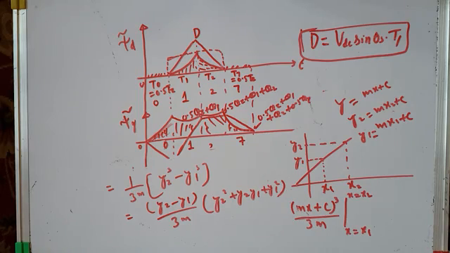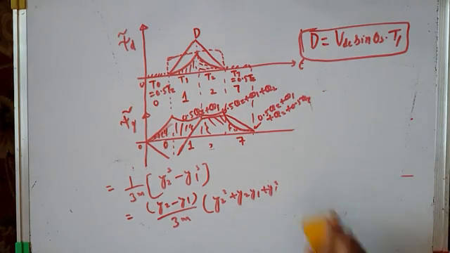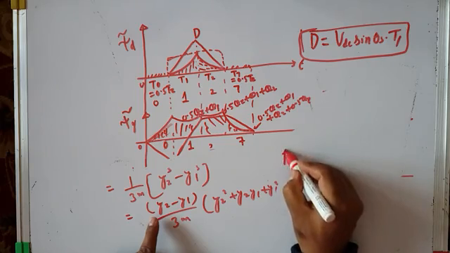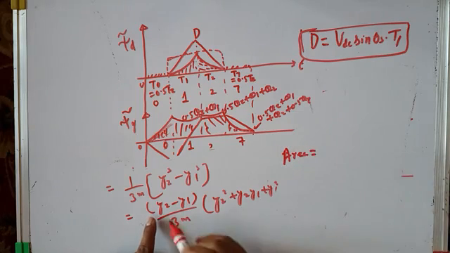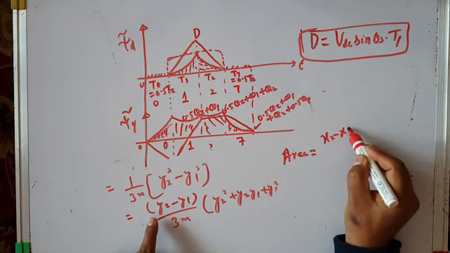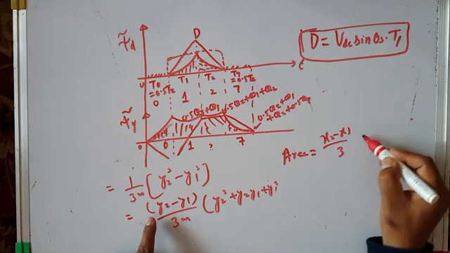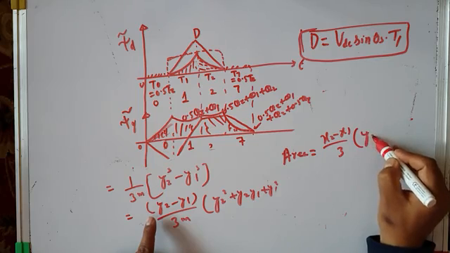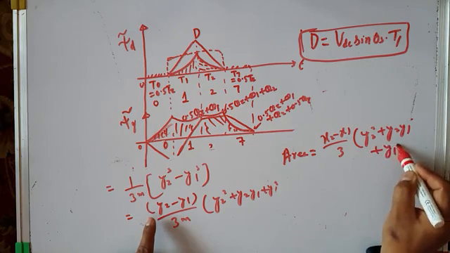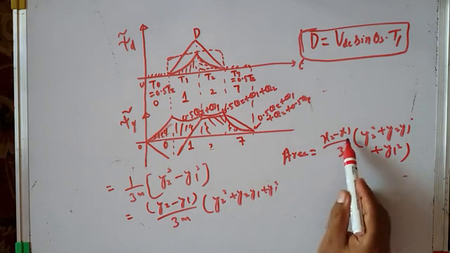Right. So what is this y2 minus y1? y2 is the value at x2. Therefore I can write area equal to x2 minus x1 by 3 into y2 square plus y2 y1 plus y1 square. Why have I written x2 minus x1?